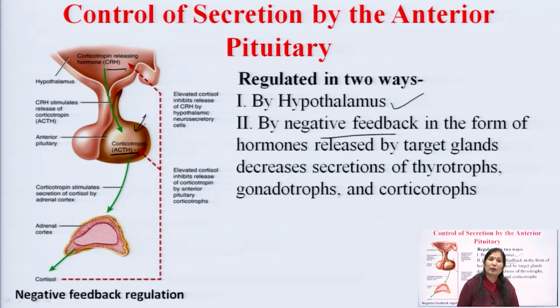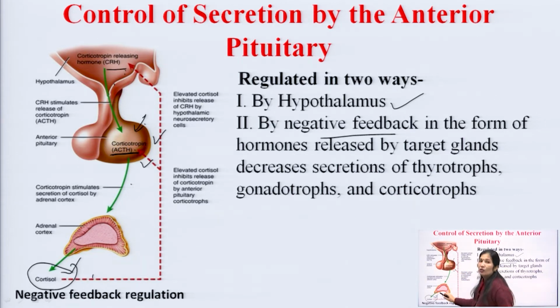The adrenal cortex is part of the adrenal gland, which is present on the kidney. Corticotropin enters the blood, goes to the adrenal cortex, and stimulates the secretion of cortisol. So, here ACTH is controlling the secretion of cortisol, and CRH is controlling the secretion of ACTH.